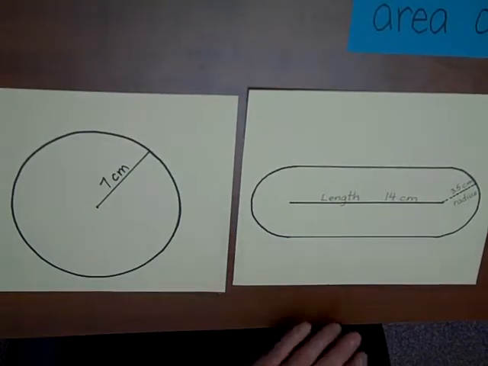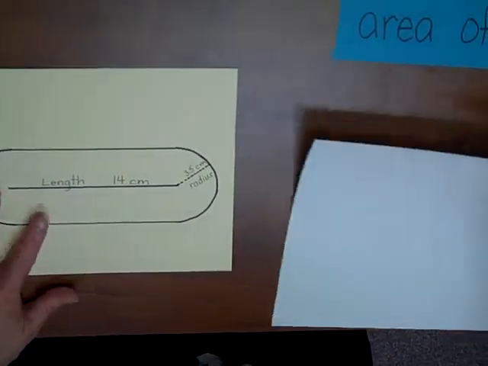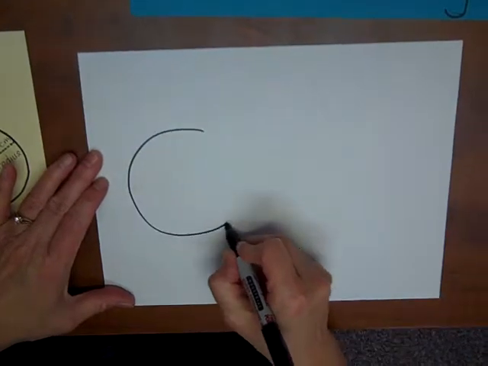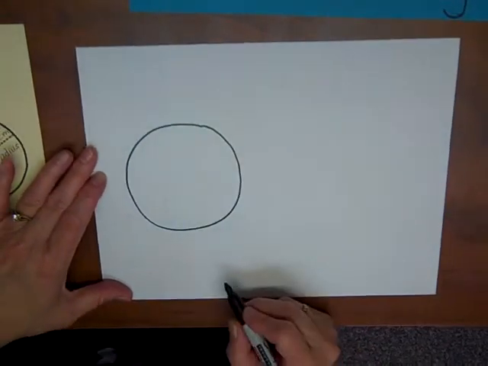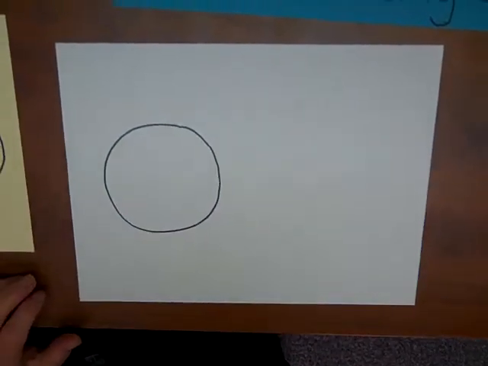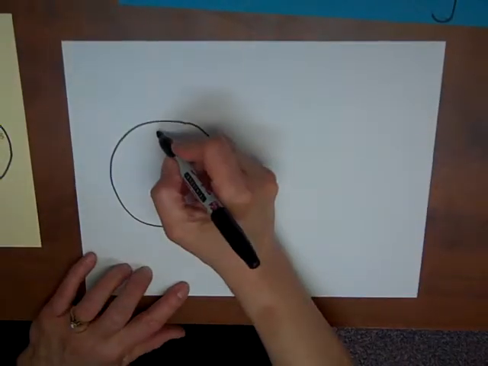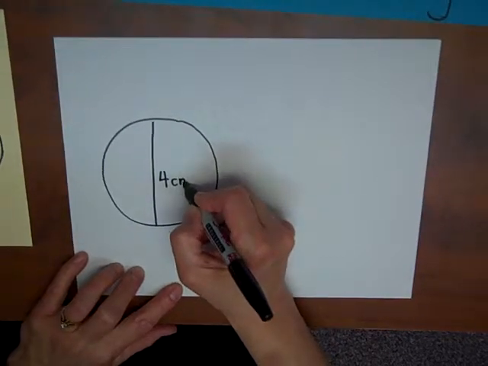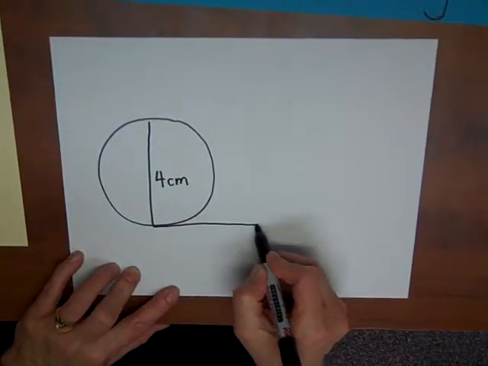Now, we might want to extend that even farther and say, okay, we're going to have a real crazy area. So it's going to have a circle at one end, so we want an arc, and our radius here is going to be 4, let's say.